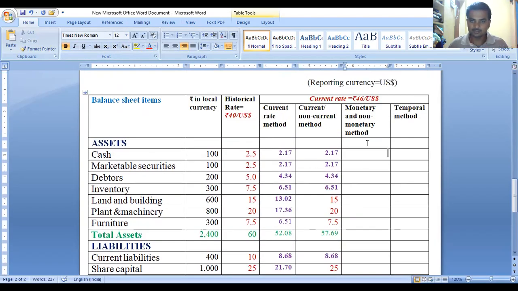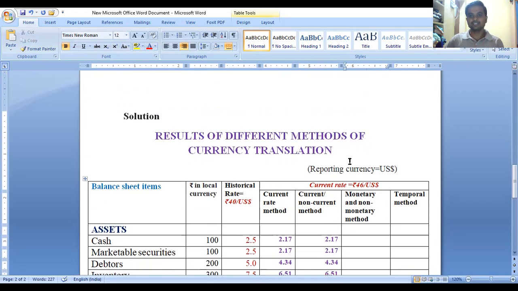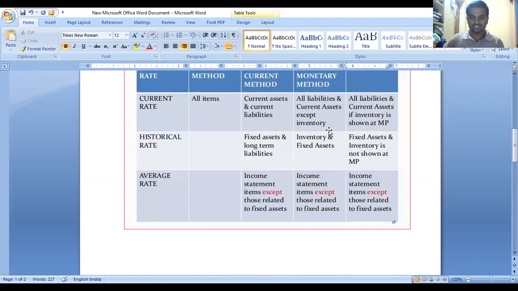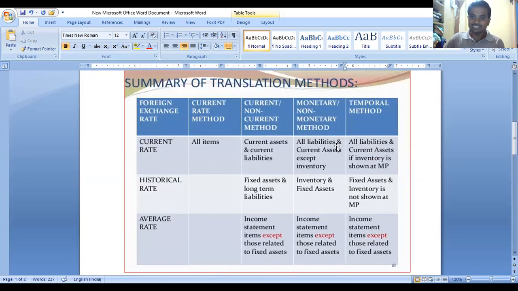We can discuss the third method, the monetary and non-monetary method. The instruction says that all the liabilities and current assets except inventory should be converted at the current rate. Only inventory and fixed assets can be converted at the historical rate.